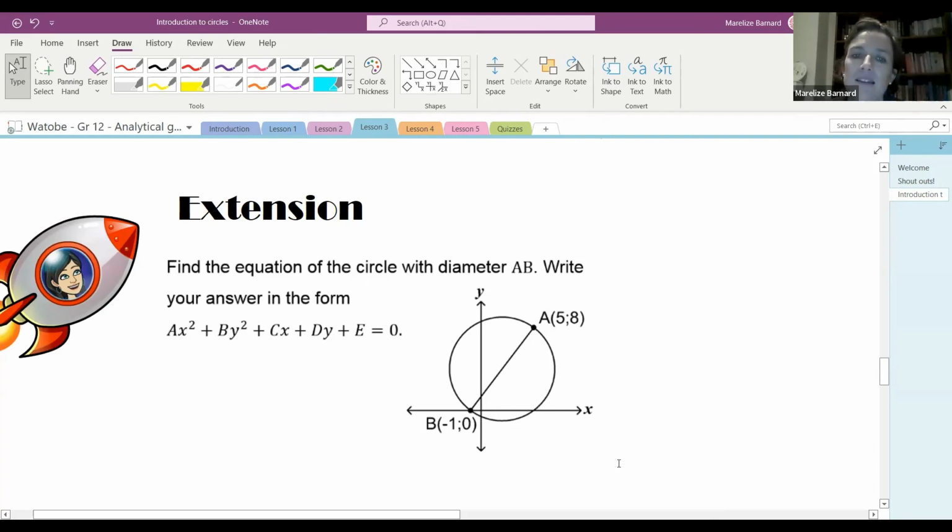And the question is that you give your answer for the equation not in center radius form, but in standard form. So take a minute, jot it down, go try it before Thursday, and on Thursday we are going to go through it. Miss Coco says you can take a screenshot. Yes, you are welcome to take a screenshot and to go and see if you can figure it out.